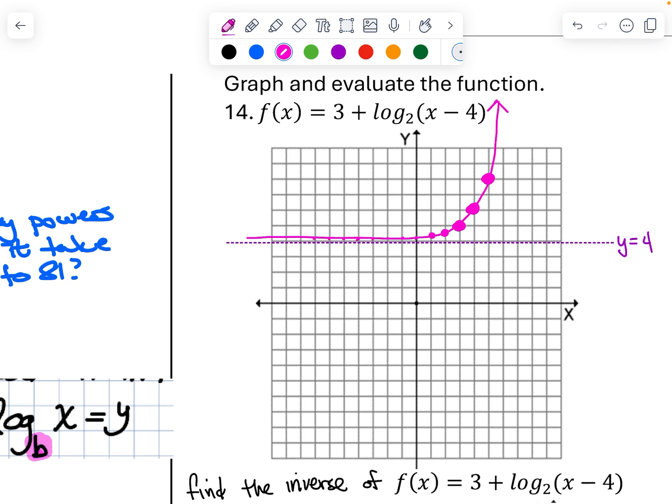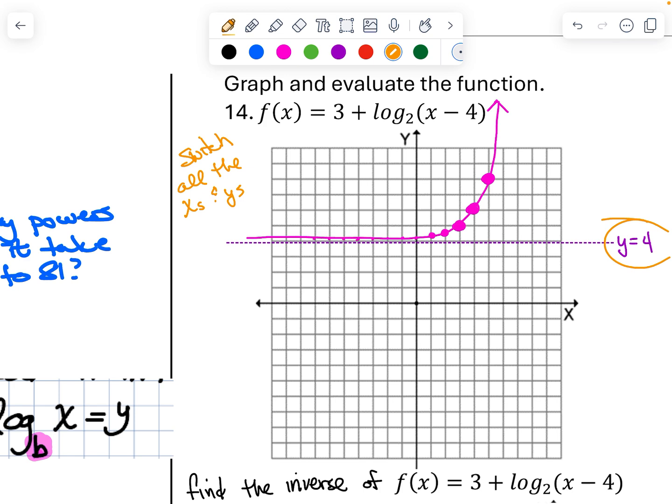That's the exponential function, but we were supposed to graph the logarithm function. So we're going to switch all the x's and y's. And we're going to start with y equals 4.